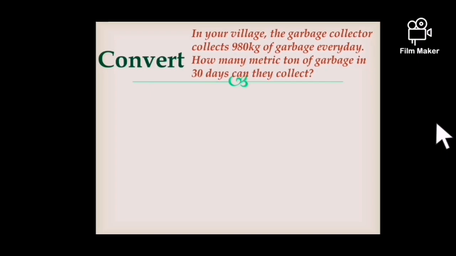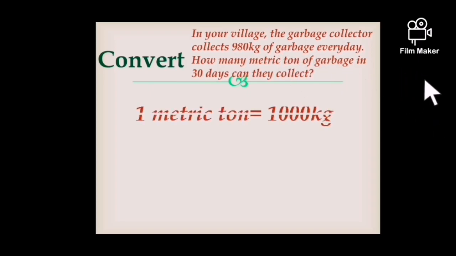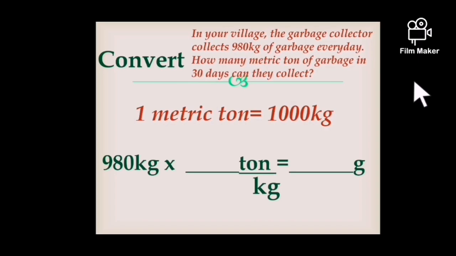Sabi kanina, kapag malakihan na o mabigat na yung timbang, we are using ton. 1 metric ton is equal to 1,000 kilogram. So, 980 kilogram. 1 ton is equal to 1,000 kilogram. 980 times 1 is equal to 980 divided by 1,000.